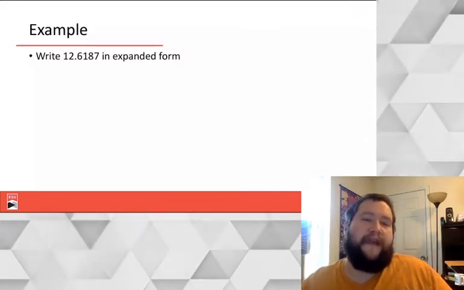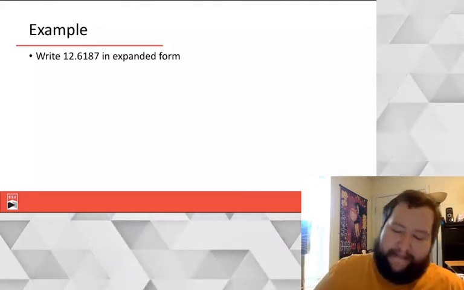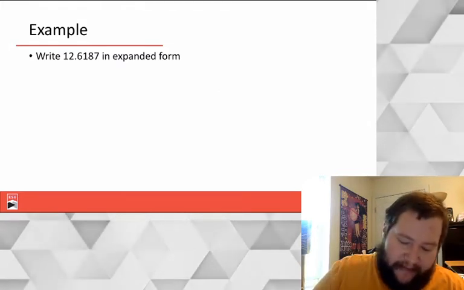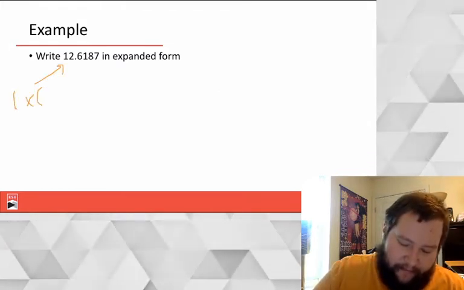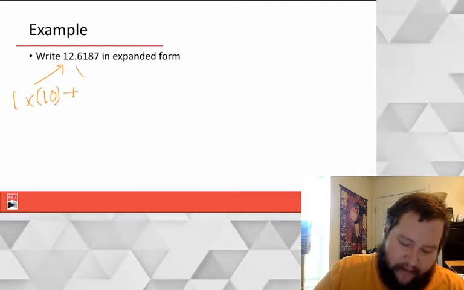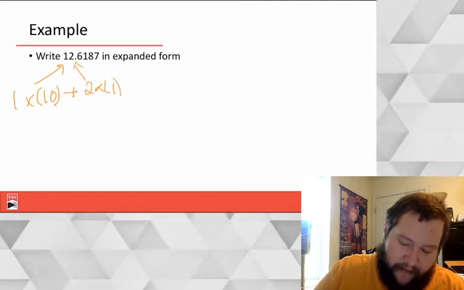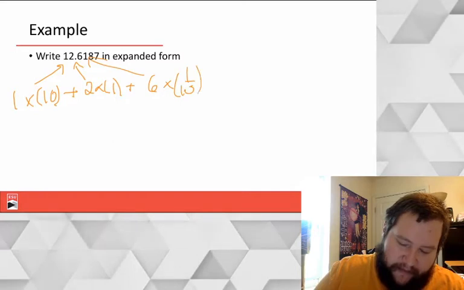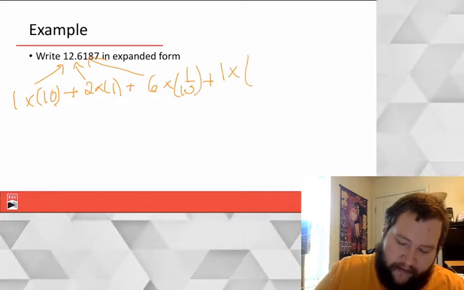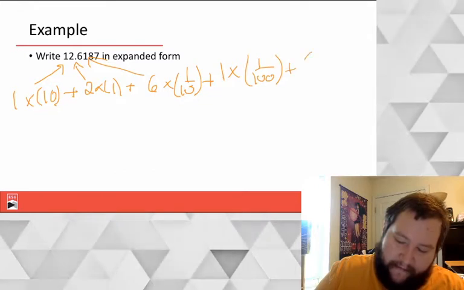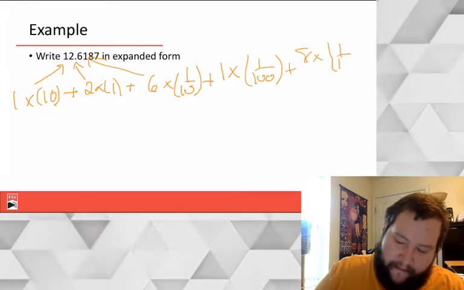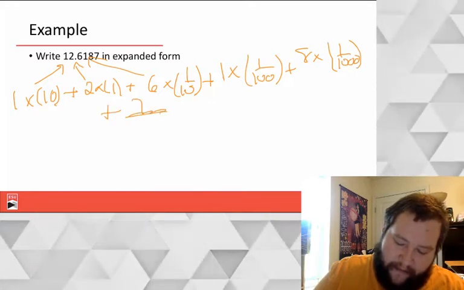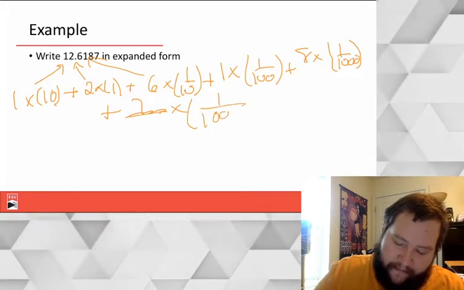So, writing some decimal in expanded form, we're going to do this by place value. How many tens? We have 1 ten, plus 2 ones, plus 6 tenths, plus 1 100th, plus 8 1,000ths, plus 7 10,000ths.